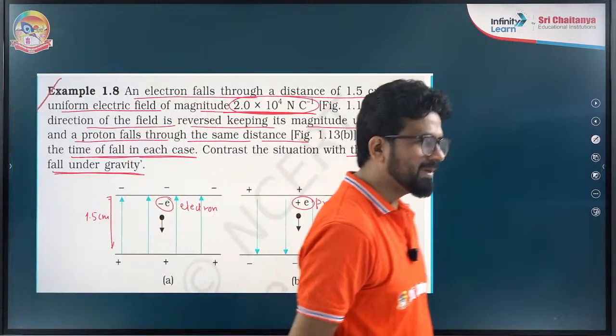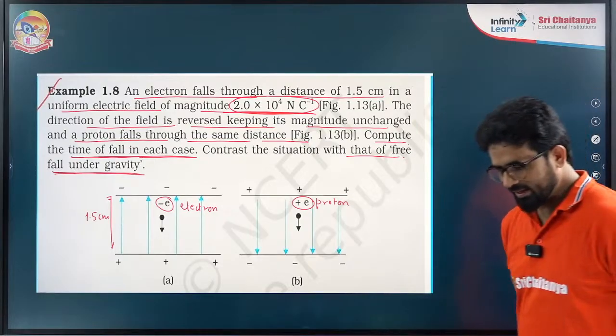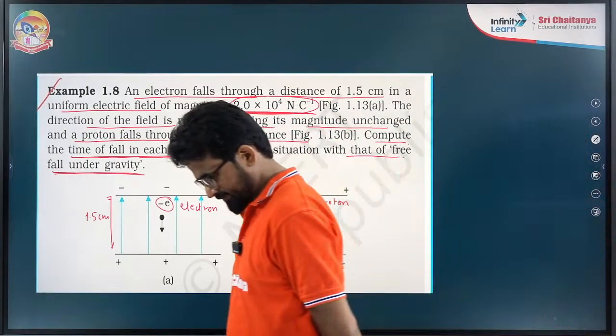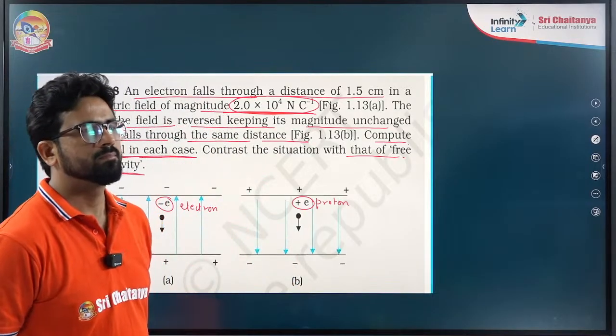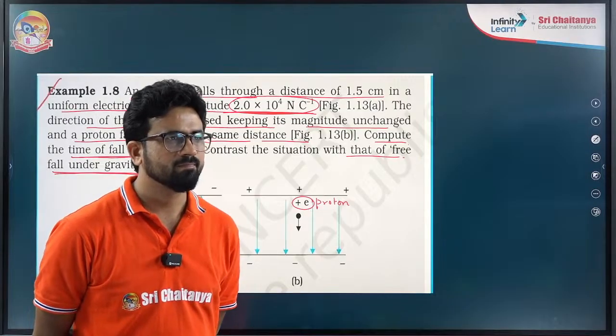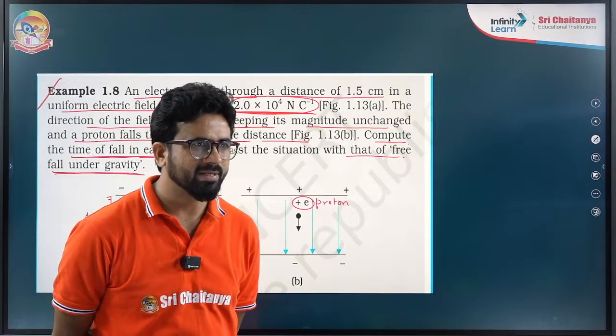Focus on the question. Please try to solve. Anyone is getting the answer? Karthik, good. Saranya, very good, beta.